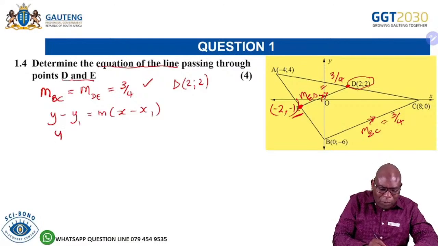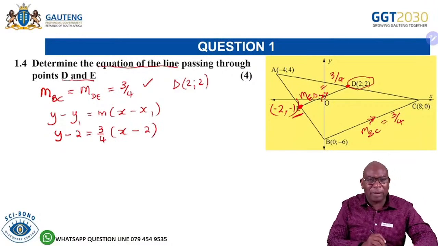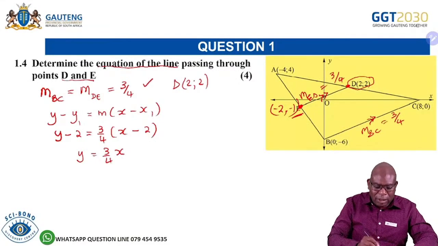So I'm going to have y minus 2 equals the gradient, which is 3 over 4, into x minus 2. Okay, that's nice. So now I'll have y equals 3 over 4x. 3 over 4 times negative 2 is negative 3 over 2.